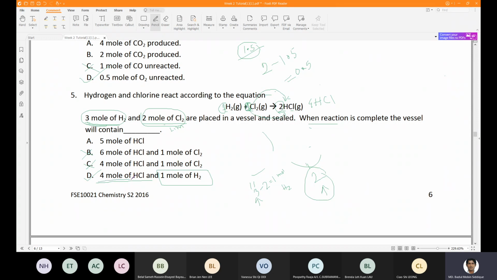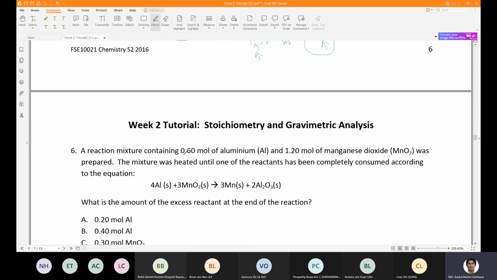So 4 moles of hydrogen chloride will be there, and also the 1 mole of hydrogen that could not react because the chlorine was finished. So 1 mole of hydrogen will also be left in the system. All right, I hope that clarifies.